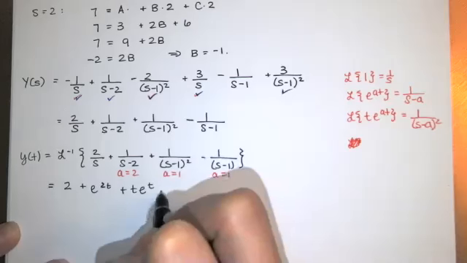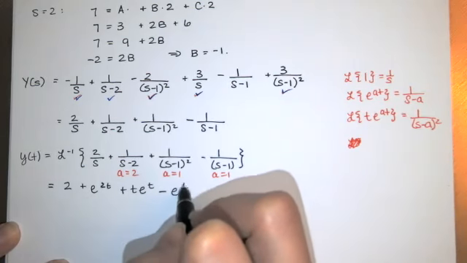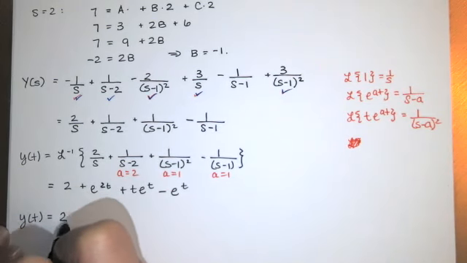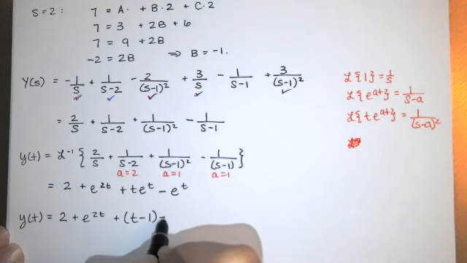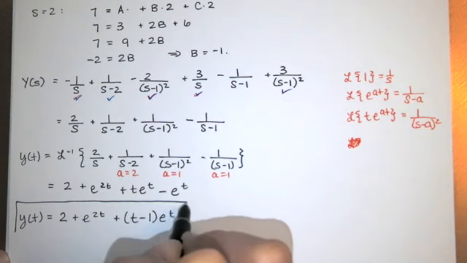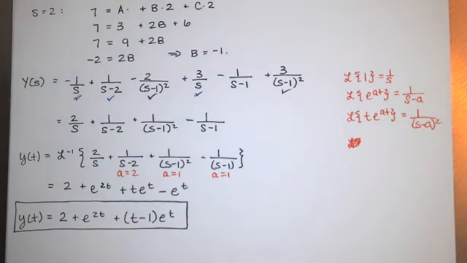So e to the t minus e to the at where a is equal to 1. So y of t equals 2 plus e to the 2t, and I'll probably factor out that e to the t. Okay, great. So that's how we do that.